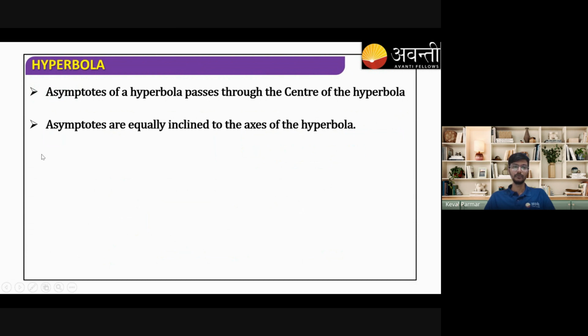Let me try to draw here. So if this is the hyperbola, then its asymptotes were this, which is the lines y equals to x and y equals to minus x. So these both angles were same, which were 45 degrees. Correct?